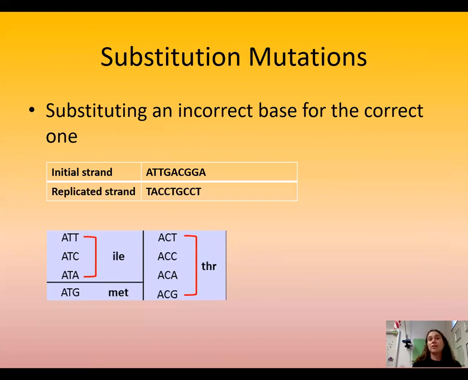Anyway, that means you could actually have a mutation, and because there's redundancy in the codon chart, it doesn't actually change the protein at all. The same thing, this is isoleucine, that one I happen to know. The same thing if this last base changed here, but if it changed to a G, this would be methionine, that would change the amino acid. So that would be a bigger deal than one of these mutations.